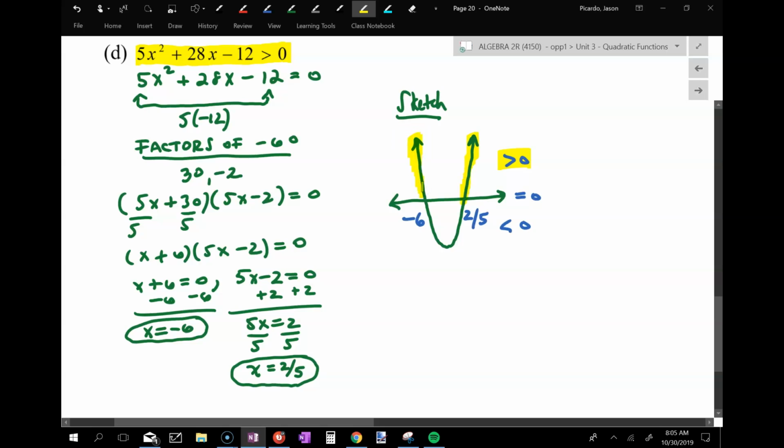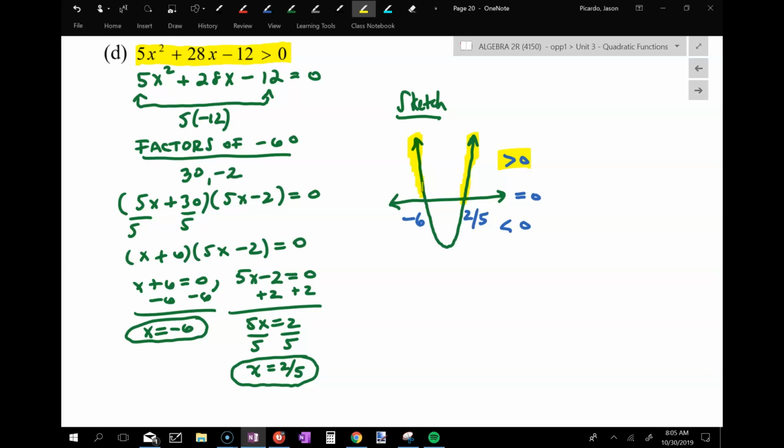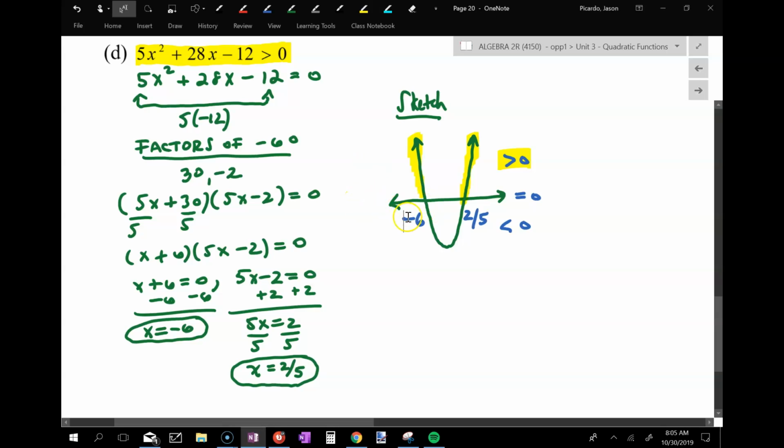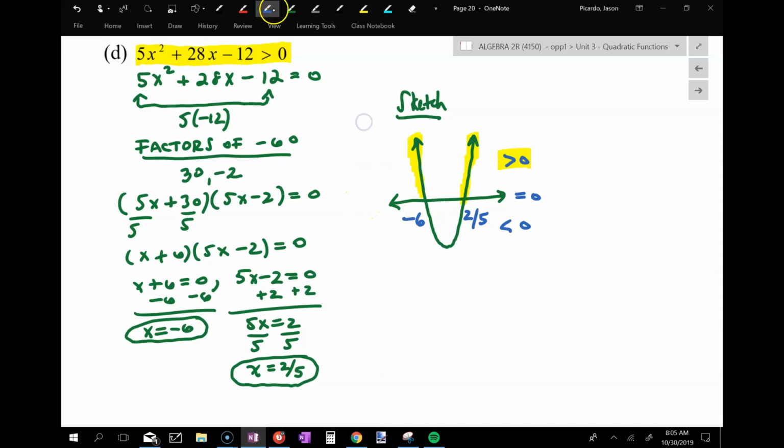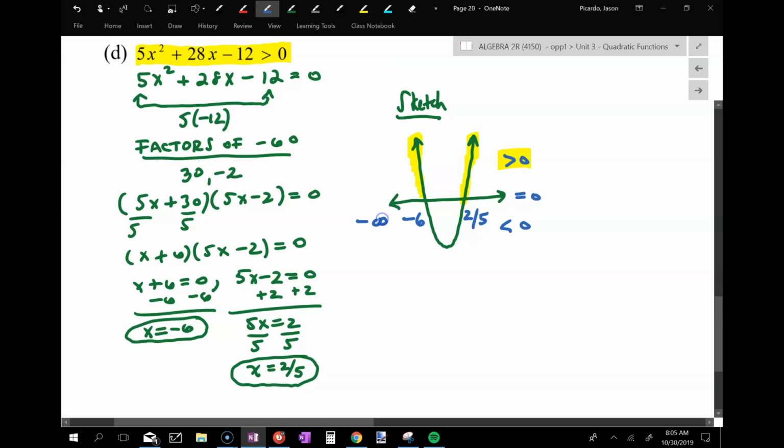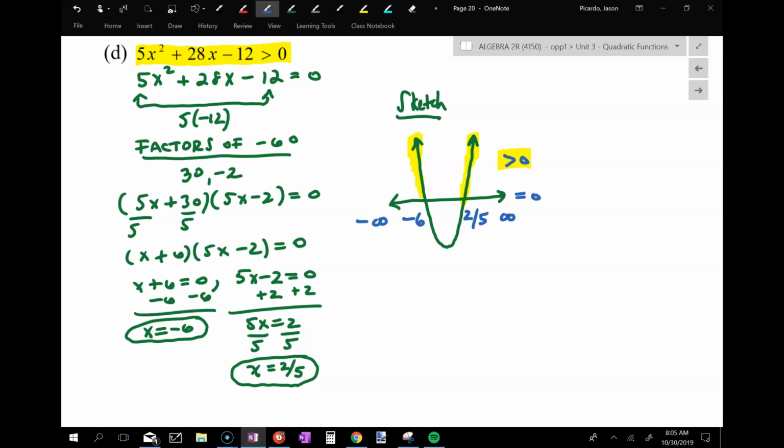Which means I'm looking for the answers that are outside of the roots. So it's going to start out here at -infinity, and it's going to end at +infinity, because I want the outside answers, right?